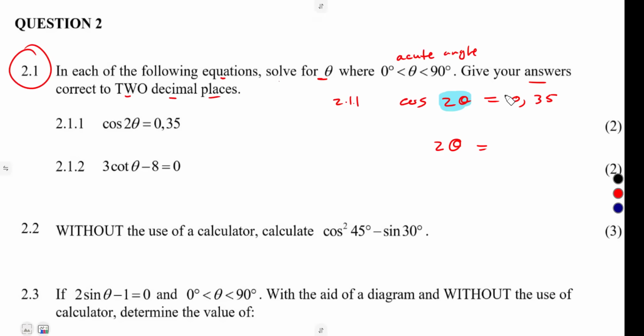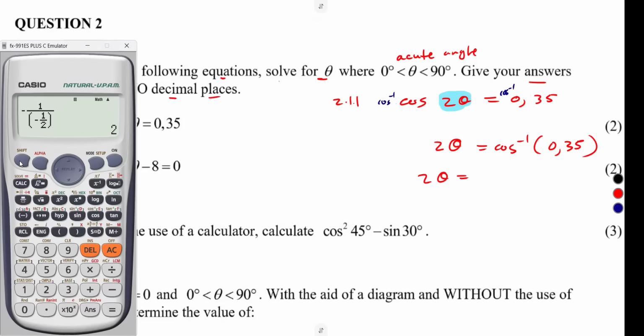So simply introduce arc cos on both sides. Thus you remain with the angle, which is 2 theta, and that's equal to arc cos of 0.35. Let us find our angle. From this, you press shift, cos, that's arc cos of what?